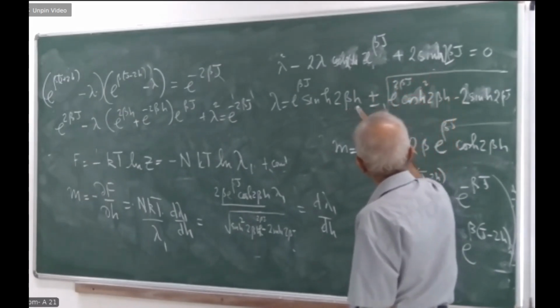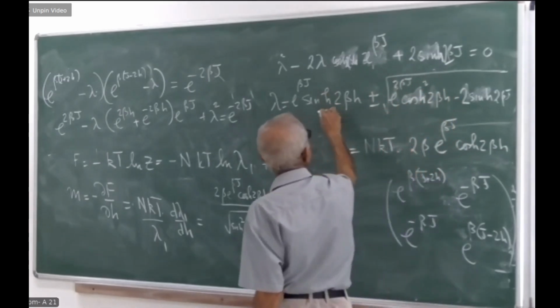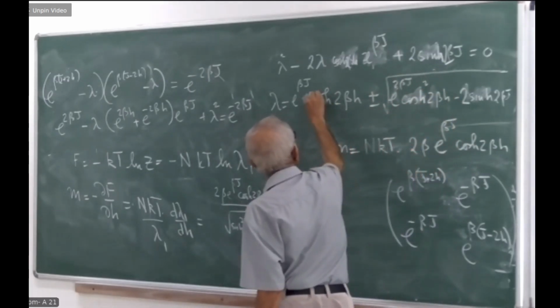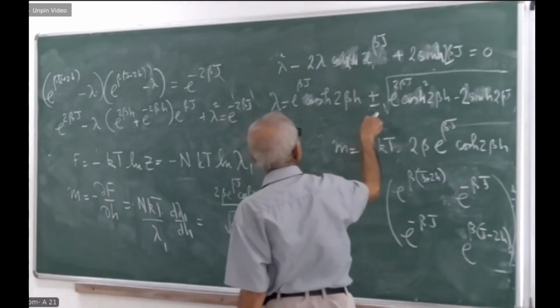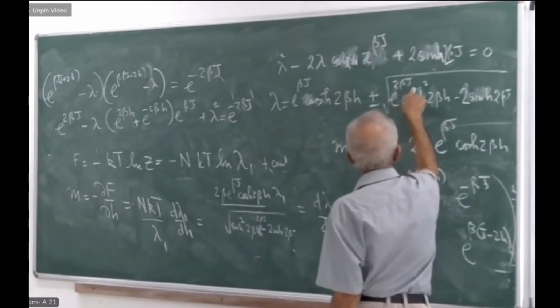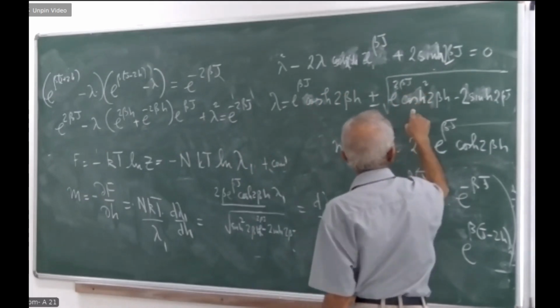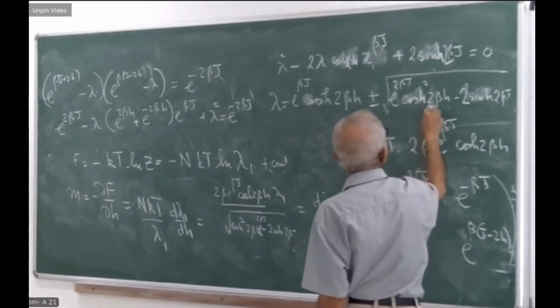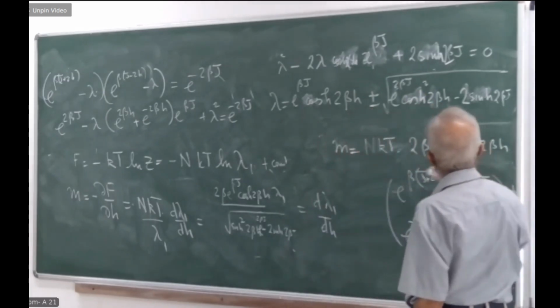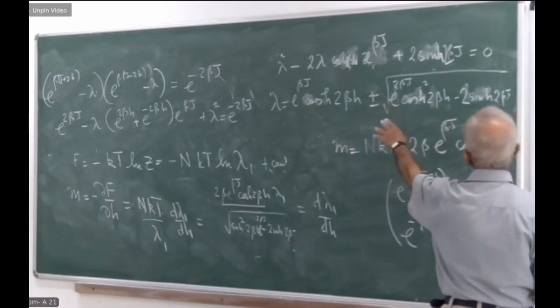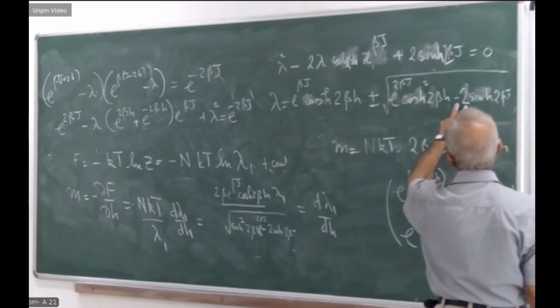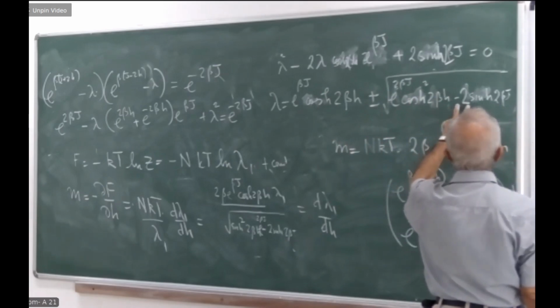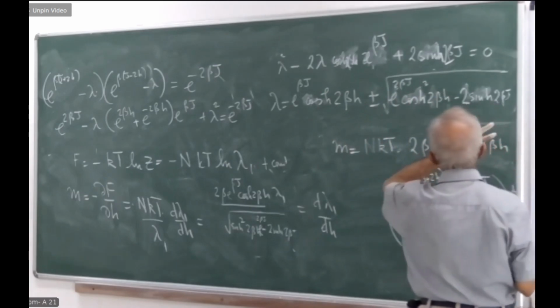So it is e to the power beta j cos hyperbolic 2 beta h plus minus e to the power 2 beta j cos hyperbolic square 2 beta h, and then that had a 4, and then this has a 4, and it is minus sine hyperbolic 2 beta j.